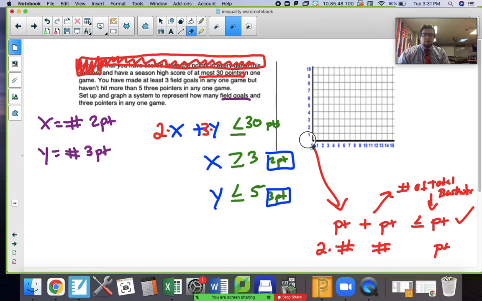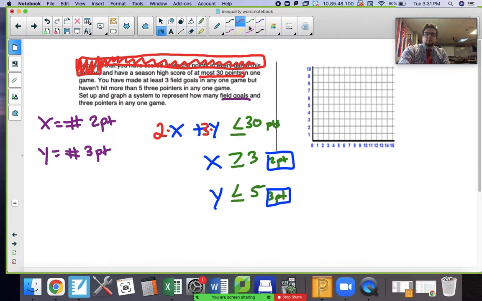All right, so now we're going to graph what we have. Top equation right here, find our x and y intercepts. So we plug 0 in for x, we get 10 for y, 0 goes in for y, and we get 15 for x. So that's our point line.